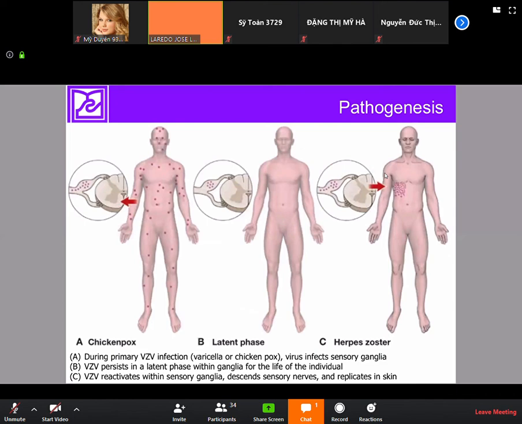Sometimes the reactivation may be more severe. We are talking here about the general rules. The general rule is that the reactivation is milder than the primary disease. However, sometimes the reactivation may be much more severe.